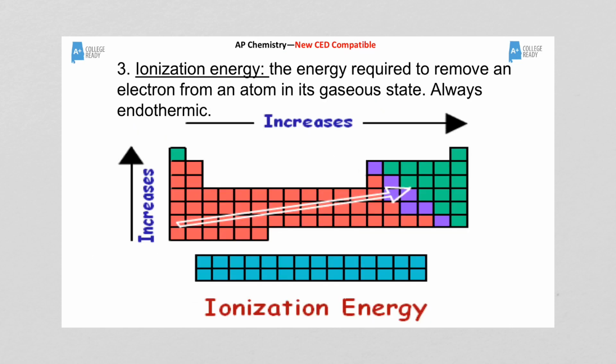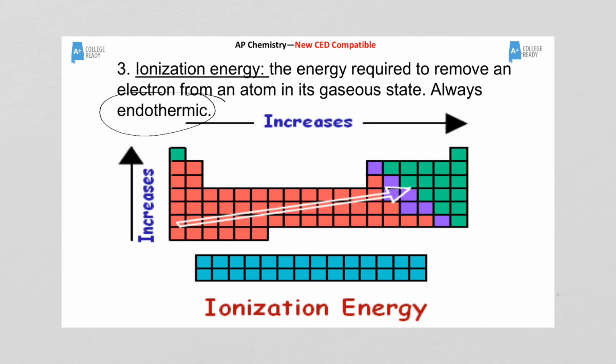Then we're going to get to number 3, and here's the definition of ionization energy. We kind of saw this and talked about it briefly with PES. This is the energy required to remove an electron from an atom in its gaseous state. Notice it's endothermic. We'll talk about that later, but that means it has to take in energy, and we'll get into a lot of details with endothermic as we get to Unit 6.